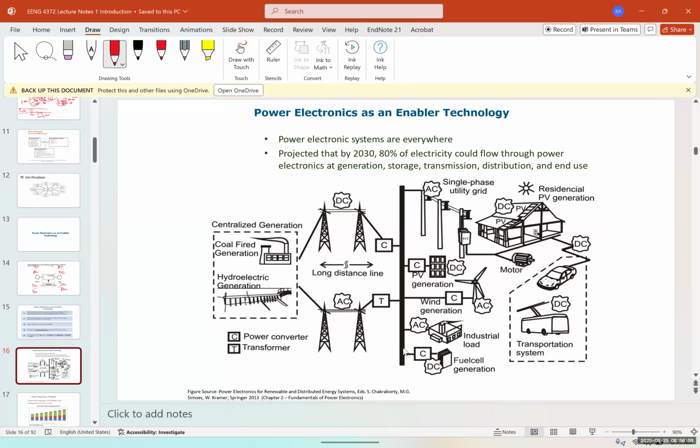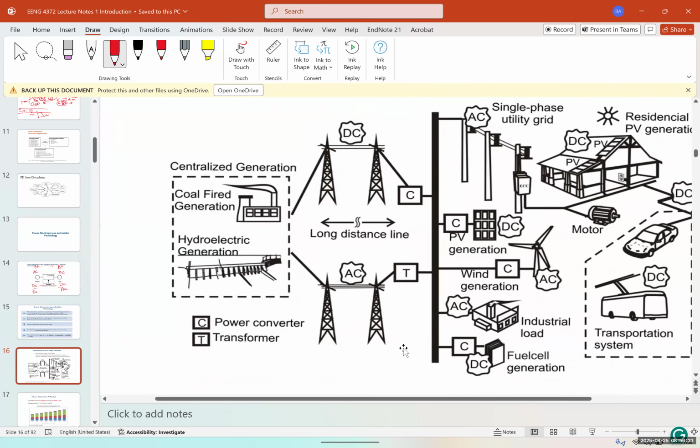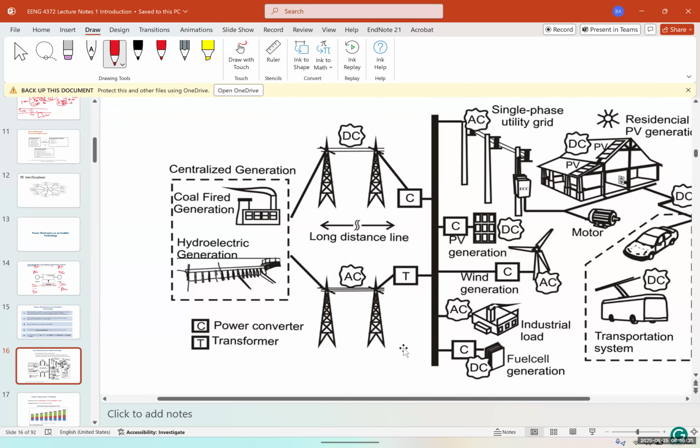Power electronics is everywhere. And it's projected by 2030, 80% of electricity could flow through power electronics at generation, storage, transmission, distribution, and end use. Here you can see a centralized generation system.